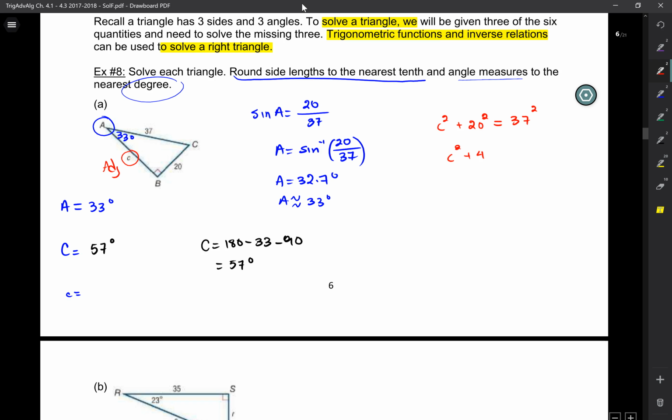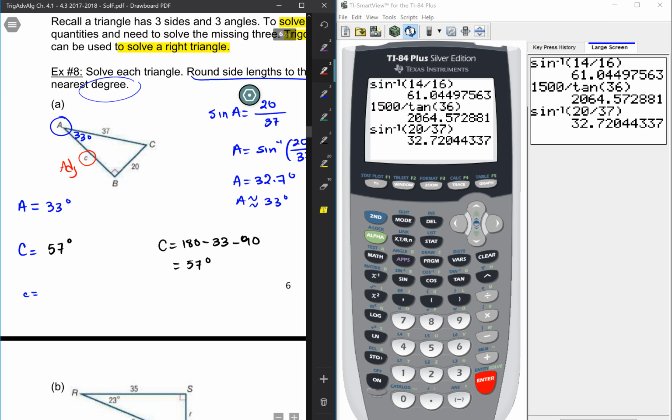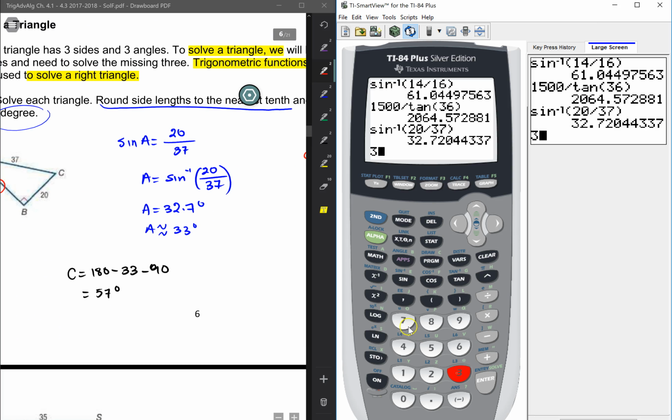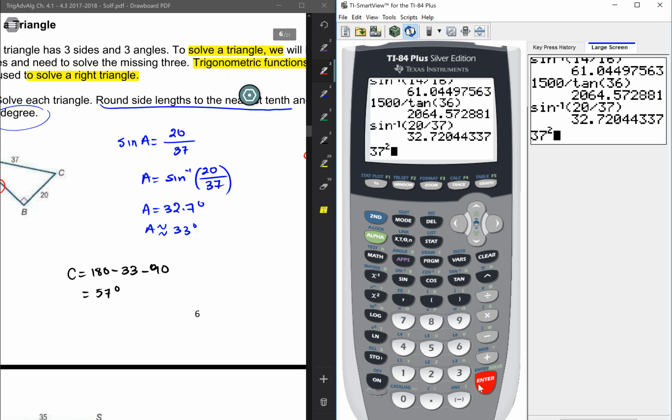C squared plus 400 is equal to 37 squared, which is how much?